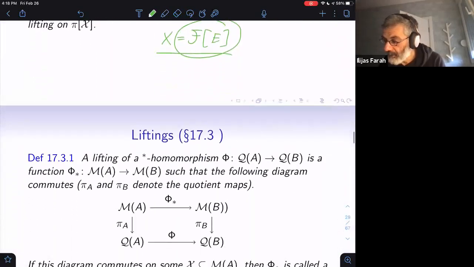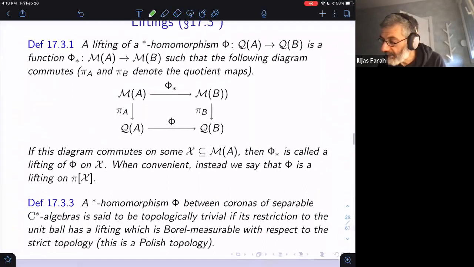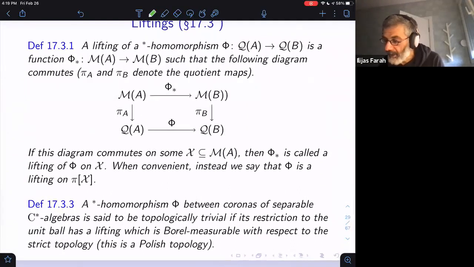Okay, so here is a definition. This definition requires a lot of justification, so I'll have to defend it before anybody attacks it. A star homomorphism between coronas of separable C*-algebras, now I'm assuming separable, is said to be topologically trivial if its restriction to the unit ball has a lifting which is Borel measurable with respect to the strict topology.